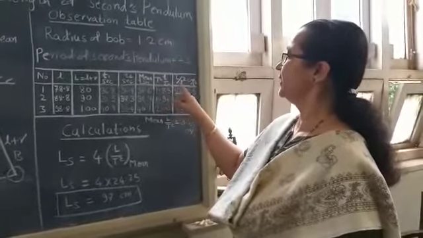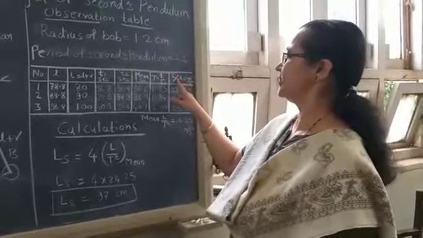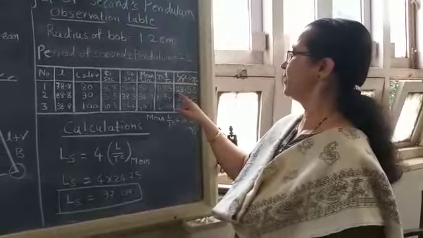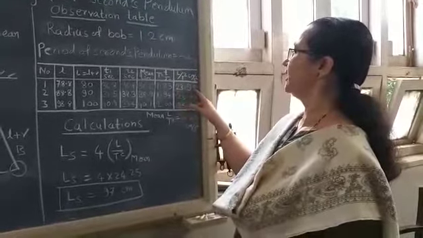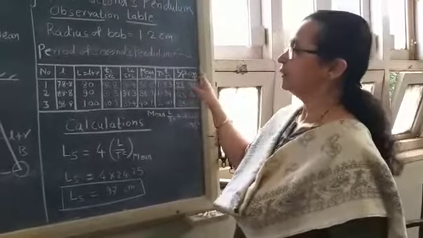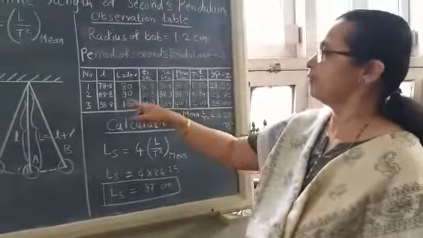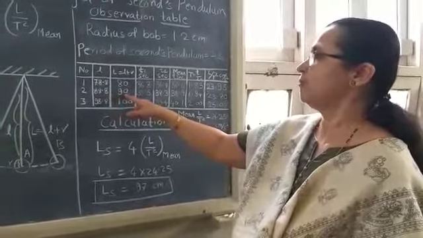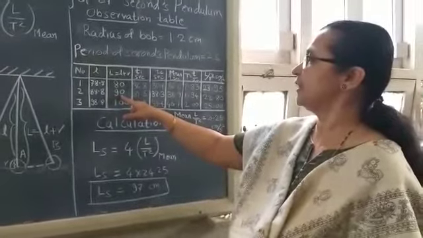Now we find the ratio L by T square. By making calculations, it comes out to be 23.95 and its unit is centimeter per second square. Now for the second reading we change the length by 10 centimeter. Now the length of the simple pendulum is 90 centimeter.